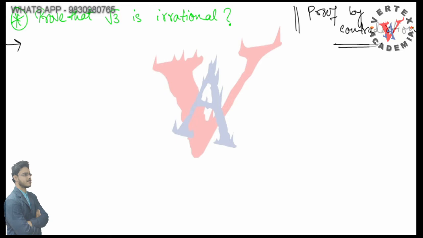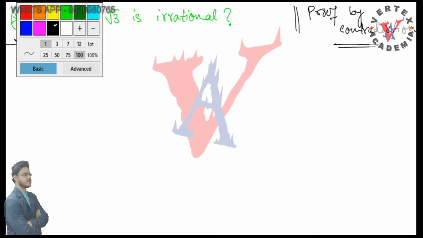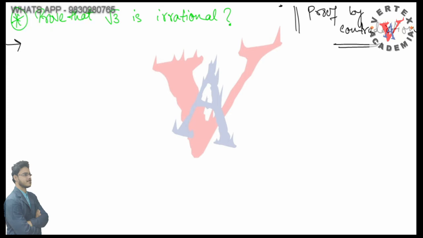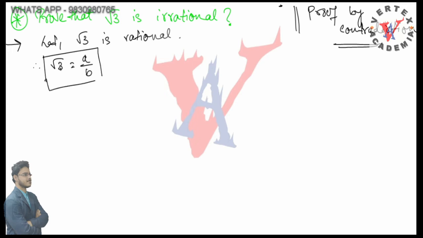So first, there is a specific technique to solve this type of problem. Let root 3 be rational. Therefore, root 3 equals A by B, where A and B are integers.